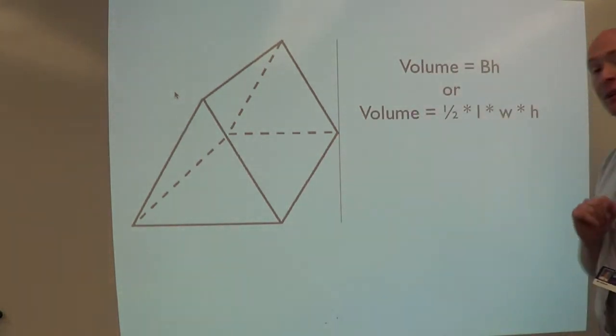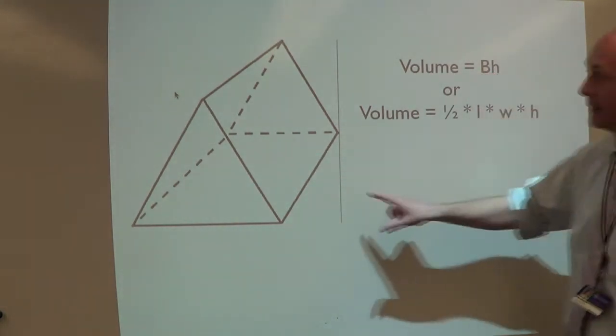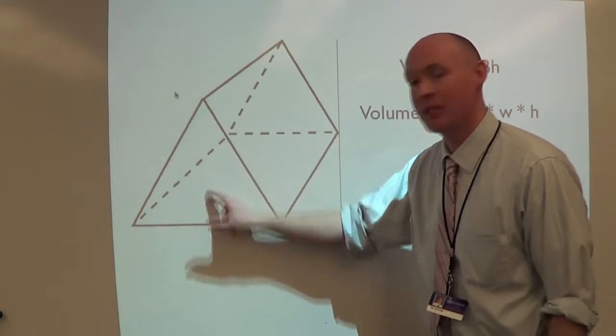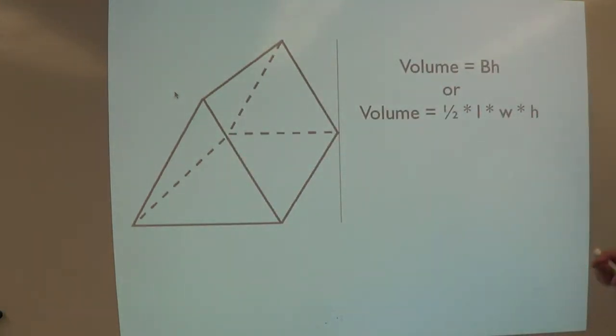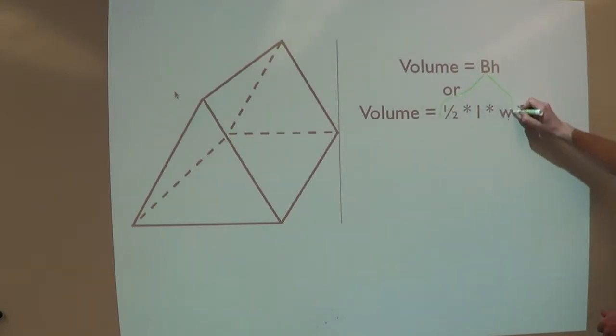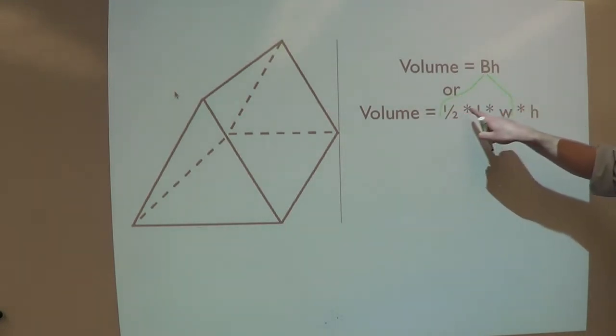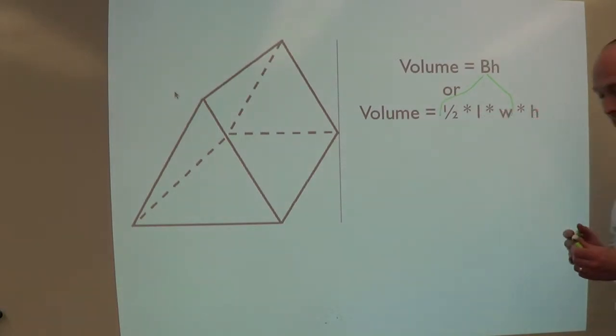First off, the volume for a triangular prism is just going to be the base, which is the triangle, times the height. But you gotta be cautious. The base for the triangle is 1/2 length times width, then times the height.